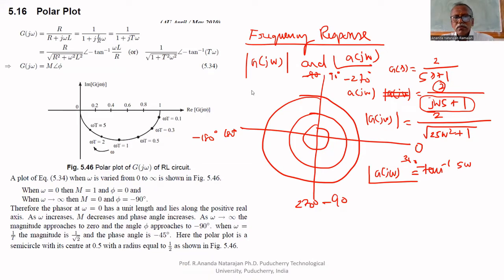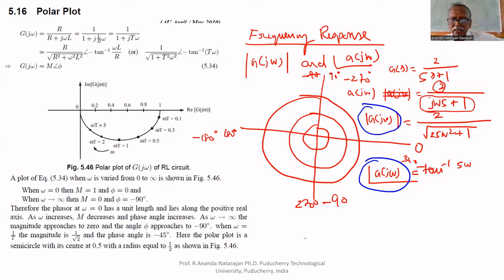If you plot between modulus of G of j omega and angle of G of j omega in a polar chart, then it is called polar plot.